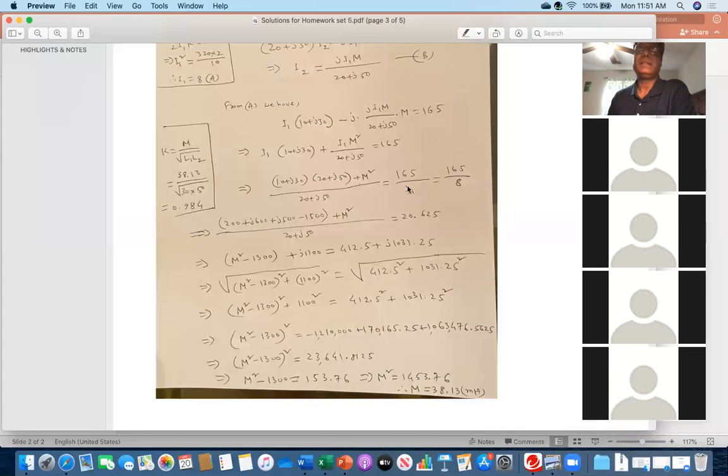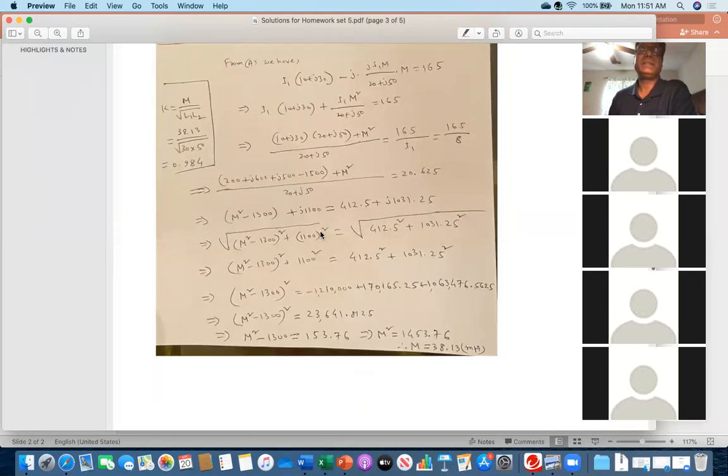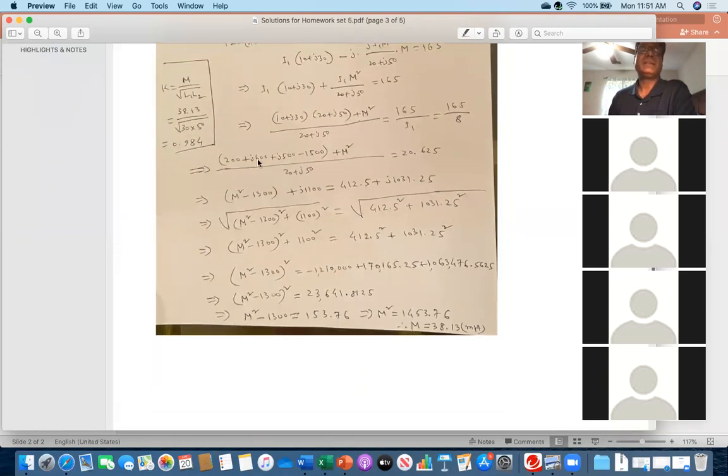Okay, and then this one, I think 20.625 is still 20 plus j50. And from the left side, this is M squared, I have written first, and minus 1300, minus 1500 plus 200 plus j1100.